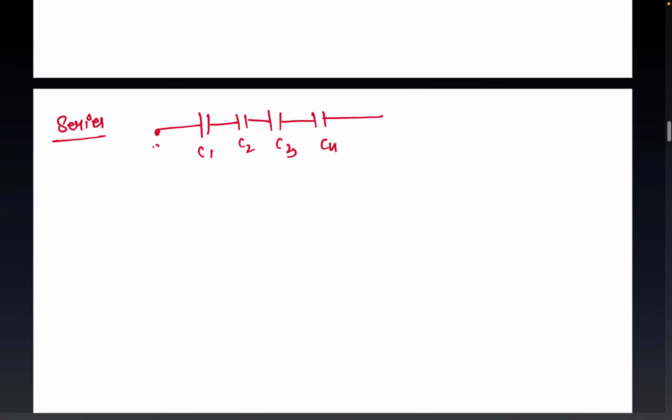This is the two terminals. Actually, the derivation happened today in class, so I can directly write it. It should be 1 by CAB equals 1 by C1 plus 1 by C2 and so on. Clear?